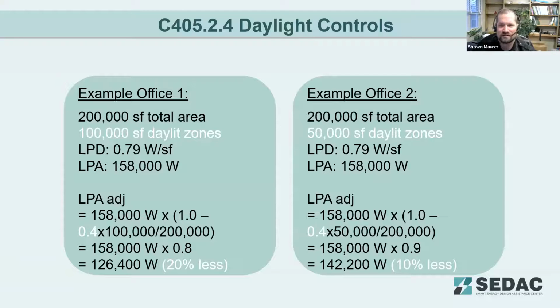So if you can hit that target, that's 20% less than your original allowance, then you don't have to have the daylighting sensors. If your daylighting zones are a little bit smaller, so now we're looking at 50,000 square foot. If you take the 40% of that area and apply it to your lighting power wattage, now it's only a 10% reduction in your lighting power allowance. So 142,000 watts.